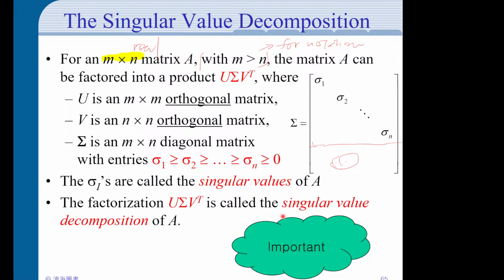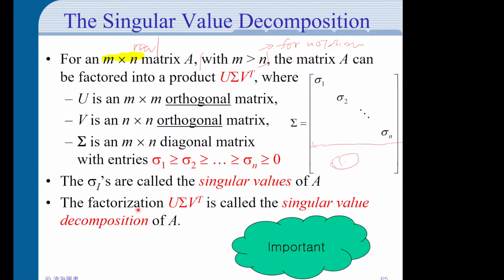So the first thing you need to remember, and that might be in the final, is that it's possible to do singular value decomposition. Sometimes people forget, but just knowing that singular value decomposition exists is very powerful. It's very good to prove all sorts of things.